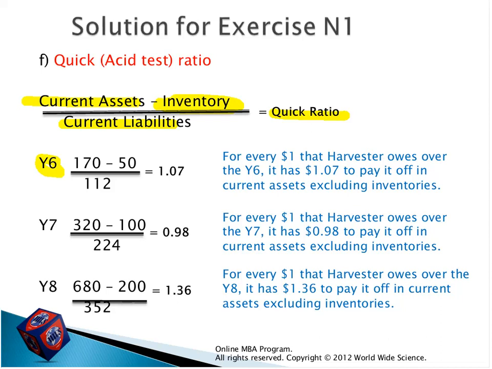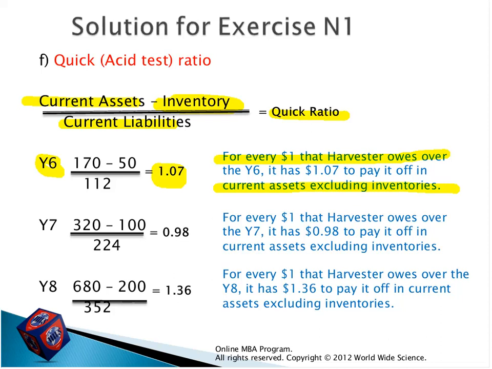In year 6 it is 1.07. So it's almost the ideal norm. Have you seen? We have ideal results for the quick asset ratio. That means for every $1 that Harvester owes over year 6, it has more than $1 to pay off its current liabilities, excluding the inventories.